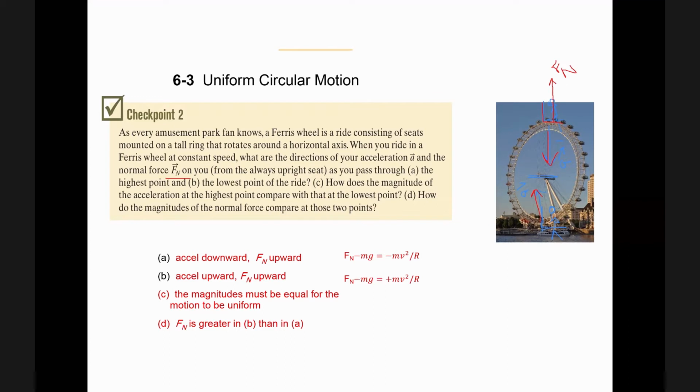And when he's in the bottom situation, where is the normal force? Where is the normal force when the person is located at the bottom of the Ferris wheel? Also up. Yes, correct. This is the reply of the surface, resistance of the surface, always up toward the center.